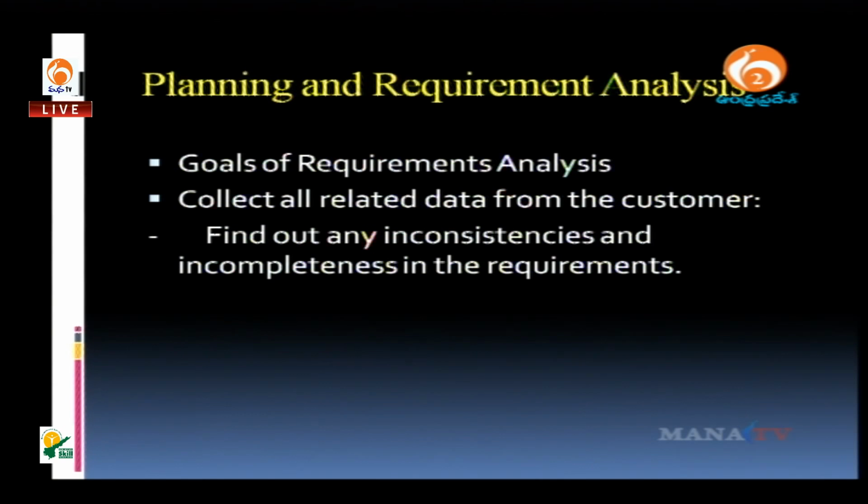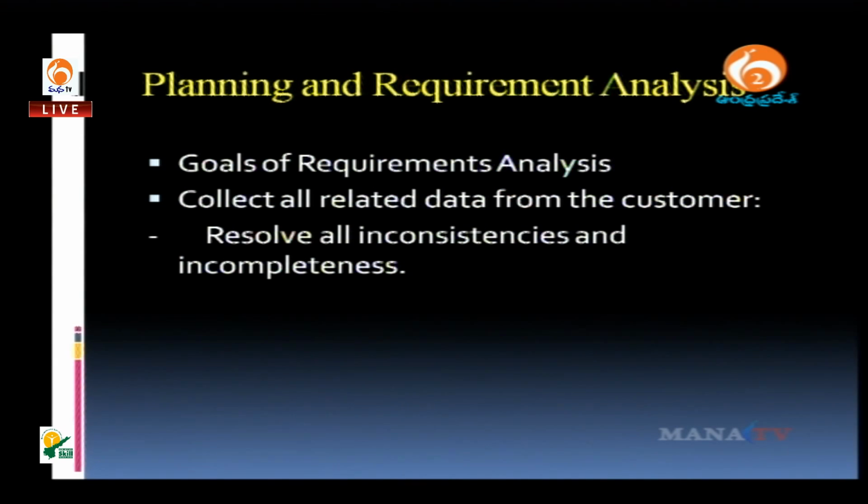And find out whether any inconsistencies or incompleteness are there in the requirements. If any inconsistencies are there, they resolve them, and if any incompleteness occurs, they will correct it.